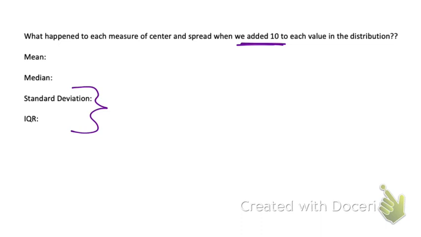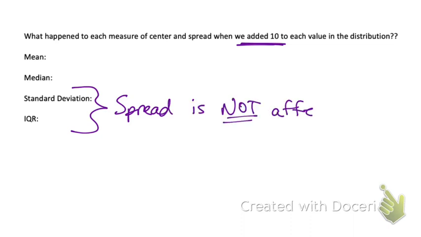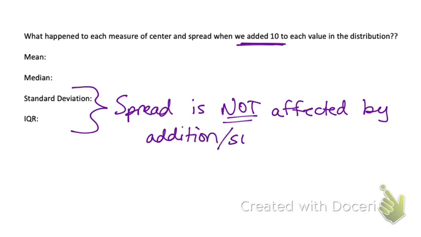These are called measures of spread. Spread is not affected by addition or subtraction. Now, what happened to the mean and the median?